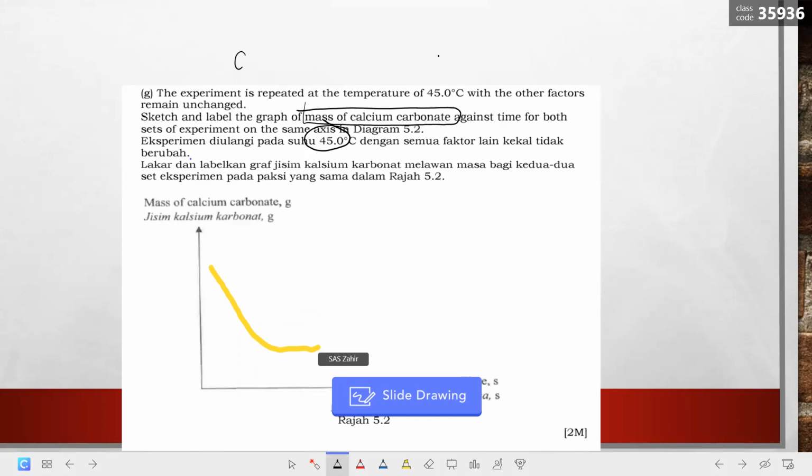Reactant. Yes, okay, it is a reactant. All right, yes, his answer is correct now. Reactant will always increase or decrease over time? Decrease. Very good, decrease. So his graph is correct, but I will not give any marks. Why? Because it is not labeled as well.